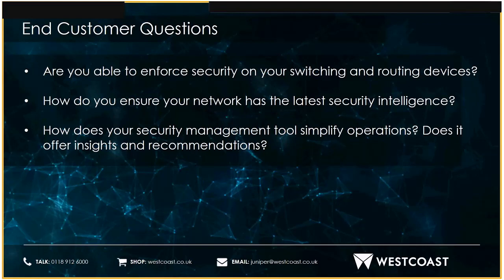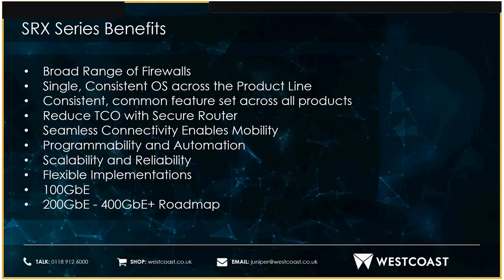But the whole point is that the SRX range offers the ability to strengthen any customer's security posture, not only through a winning combination of security and scalability, but also through enforcement on the network.